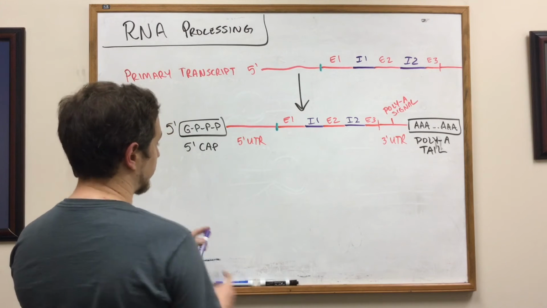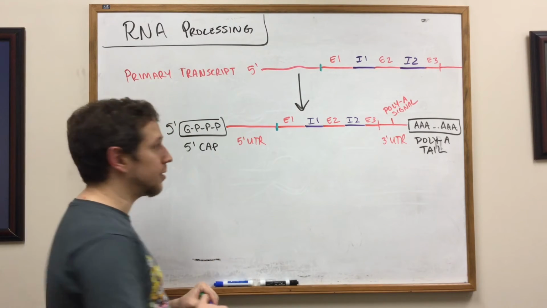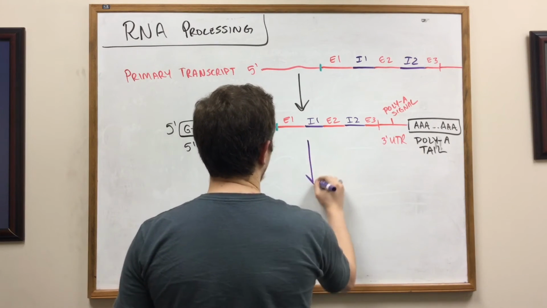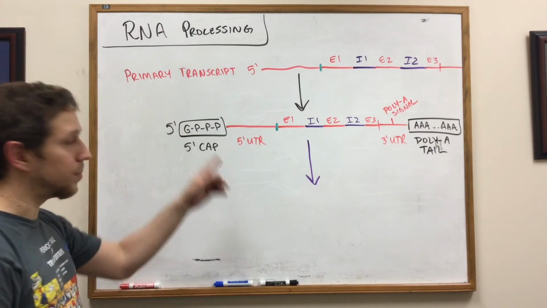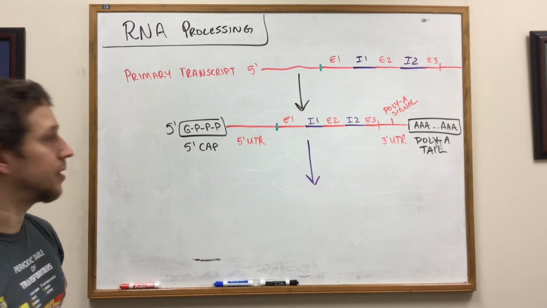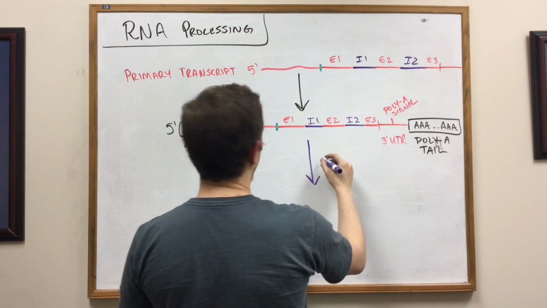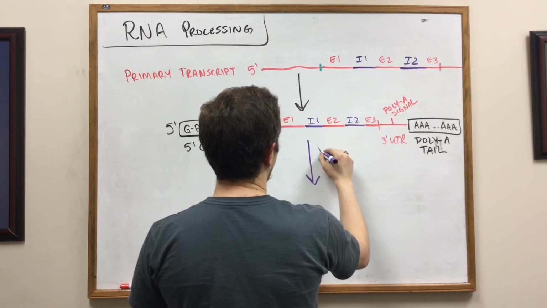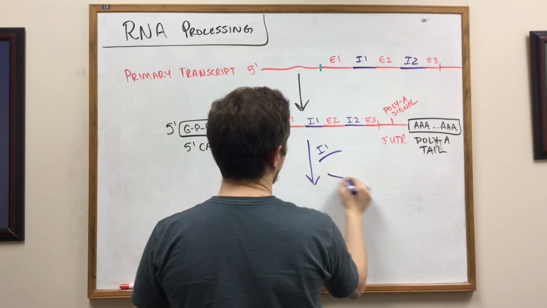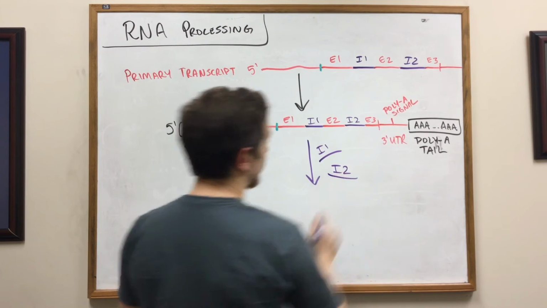Recall that in class, we talked about the spliceosome and those SNRPs that are ultimately used to excise introns. So we're going to go through this modification or this processing where these introns are essentially cut out.